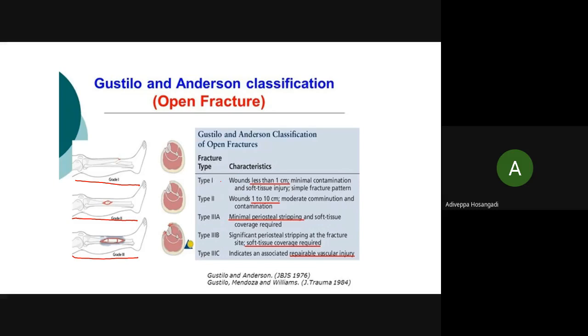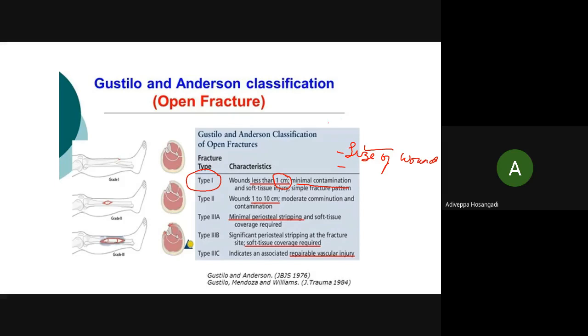So how do you grade them? Type 1 Gustilo-Anderson open fracture has a wound less than 1 centimeter. What factors are taken into consideration? The size of the wound. Listen carefully, this is important even for your university exam and most importantly for your NEET. Second is the contamination.